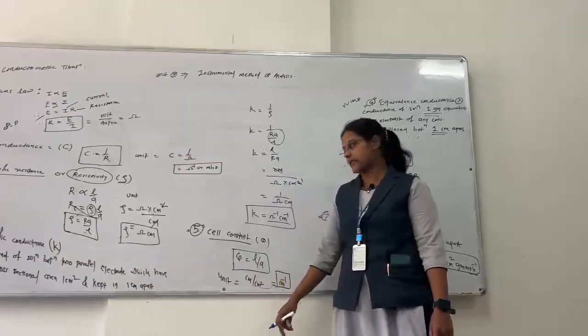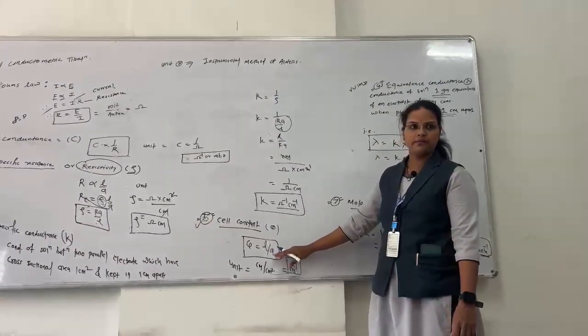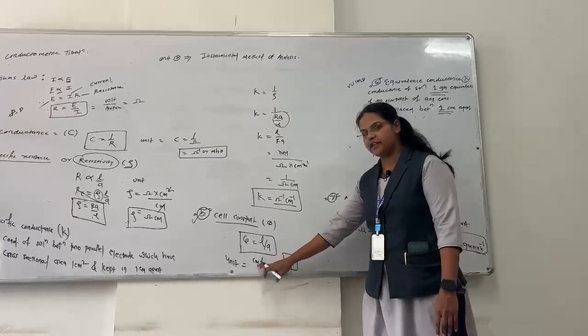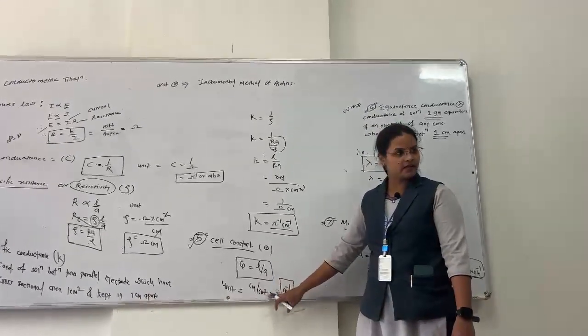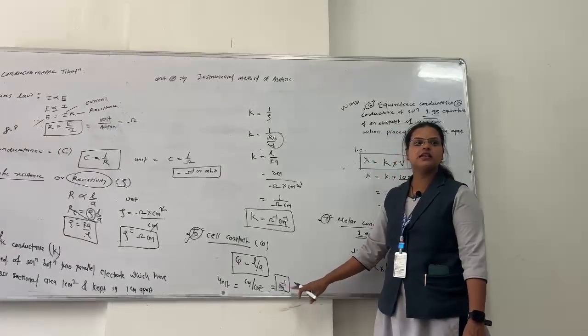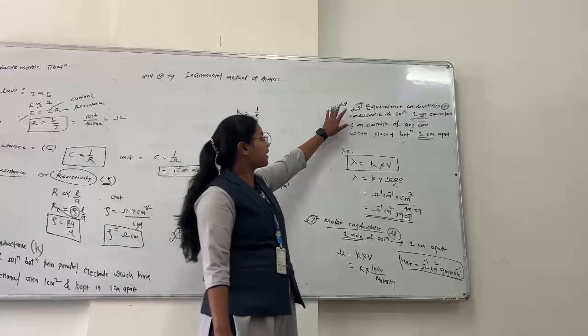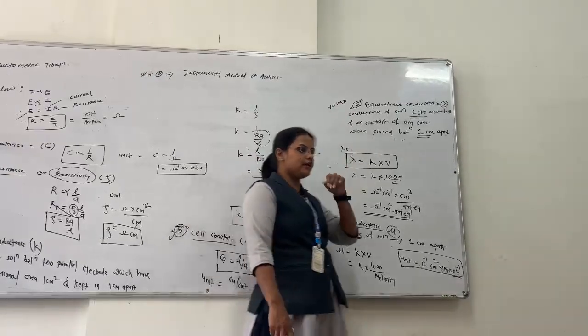Next definition is cell constant. What is cell constant? It is the ratio of length upon area. As we know that length is measured in centimeter and area in centimeter square, the unit for your cell constant is per centimeter. After that is equivalent conductance. What is equivalent conductance?